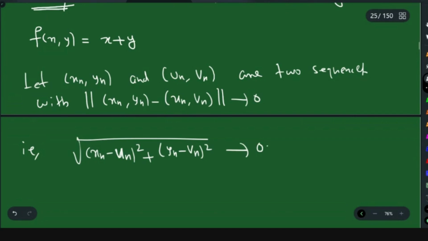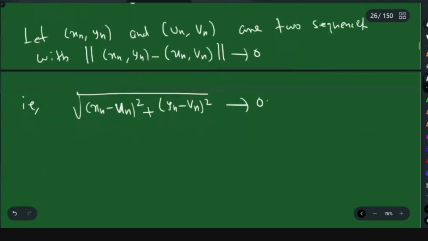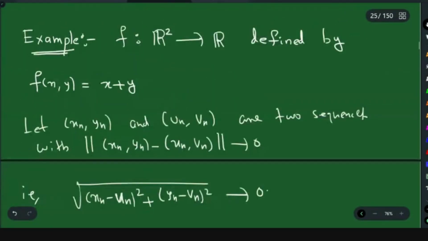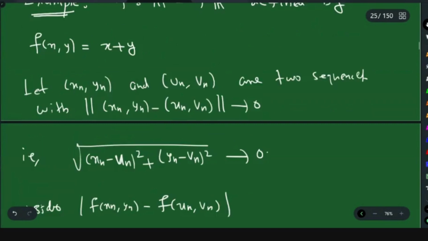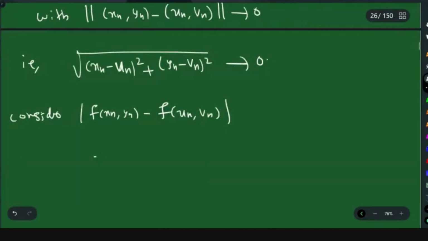Now consider modulus of f of xn, yn minus f of un, vn. What is f of xn, yn? That is xn plus yn, since x plus y is your function. So this is xn plus yn minus un plus vn.